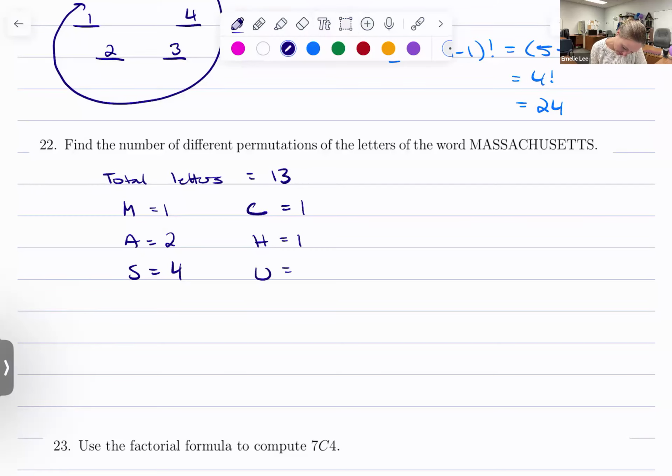U, I have one. And S, I've already done. E, I have one. T, I have two. When you're done, you want to make sure that all these individual numbers of letters add up to 13, and so just make sure that you caught them all. 1 plus 2 plus 4 plus 1 plus 1 plus 1 plus 1 plus 2 is 13. And so that's good.